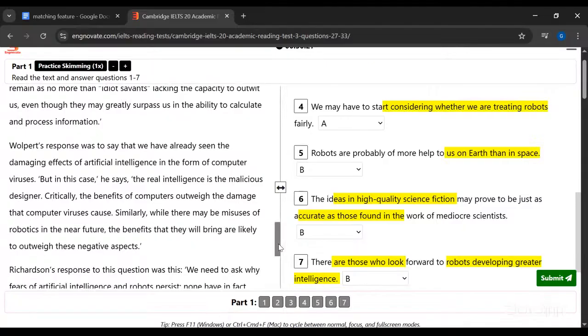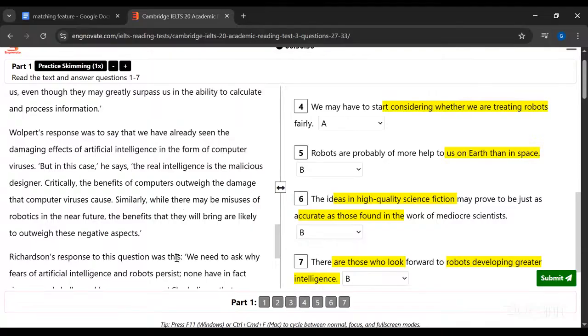The network itself... okay, so there is something negative also, from the negative aspects.